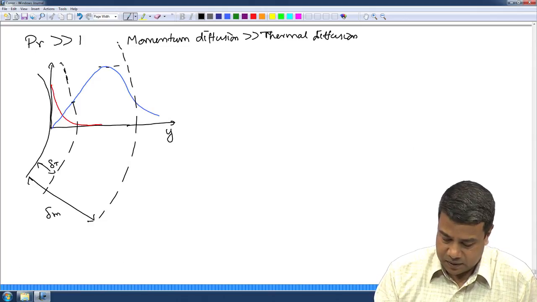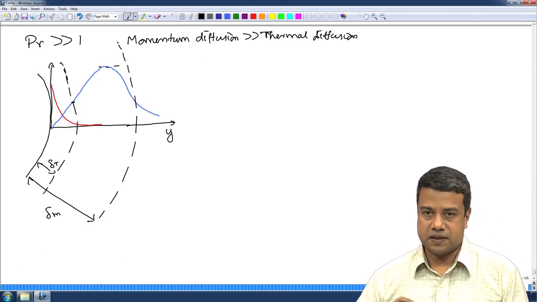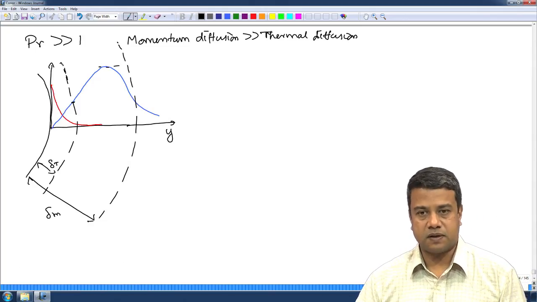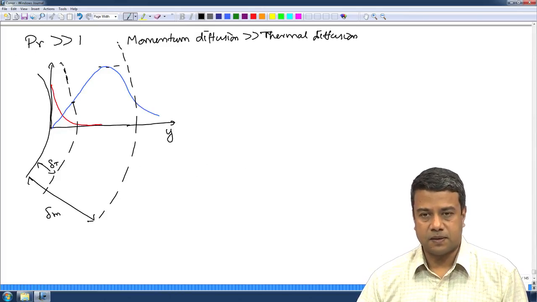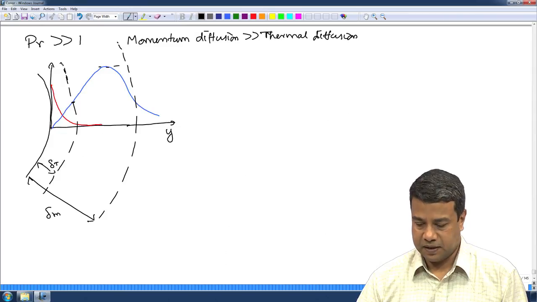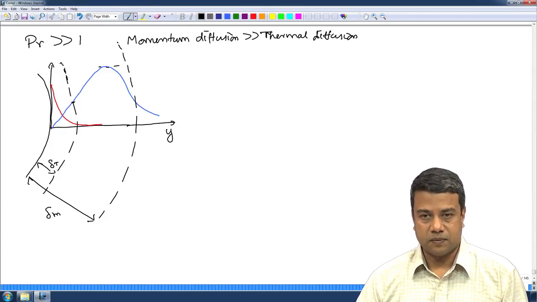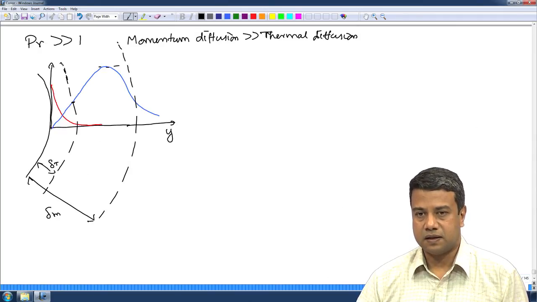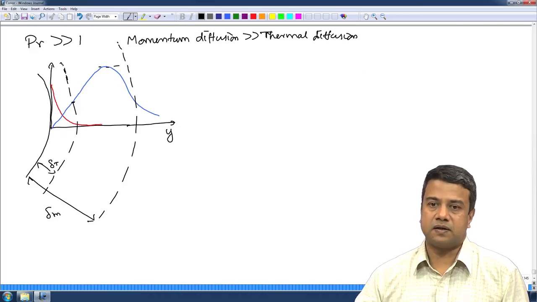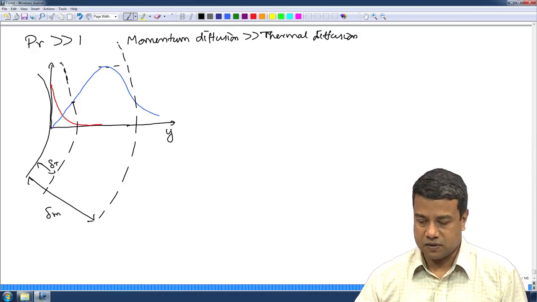This velocity within the thermal boundary layer may not be as large as the maximum velocity, because the thermal boundary layer thickness is much smaller than the momentum boundary layer thickness. Therefore, within the thermal boundary layer, we would expect the velocity to be smaller than the velocity that is predicted on the basis of a macroscopic balance.